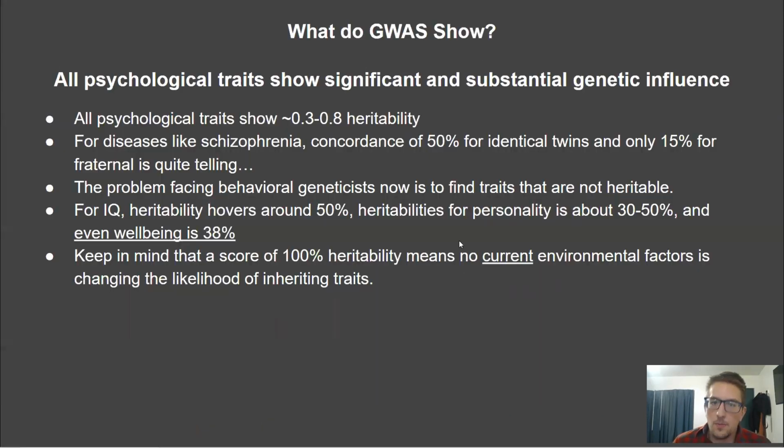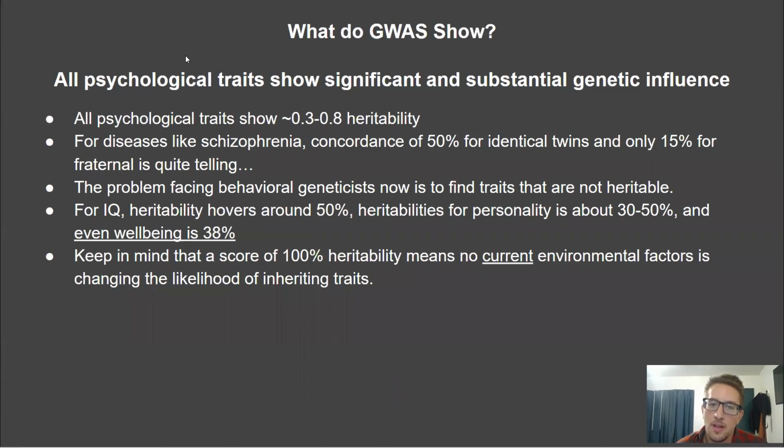So with that, some of the main findings that GWAS have been showing, and twin studies as well, are that all psychological traits are substantially genetically influenced. Broadly speaking, for all traits, around 30% to 80% of the heritability can be described by the genes.